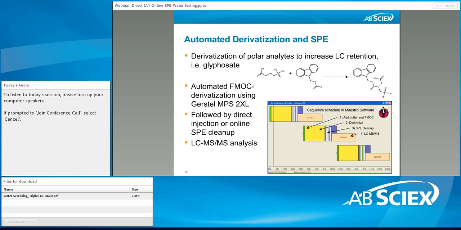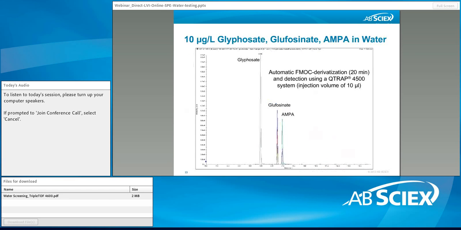Then the sample is derivatized for a little bit of time, 20 minutes at higher temperatures, and then it's followed by an SPE cleanup, and then LC-MS analysis is performed, and at the same time the next sample goes into the derivatization until the LC-MS analysis is done. And as I said, that's completely automated and very powerful.